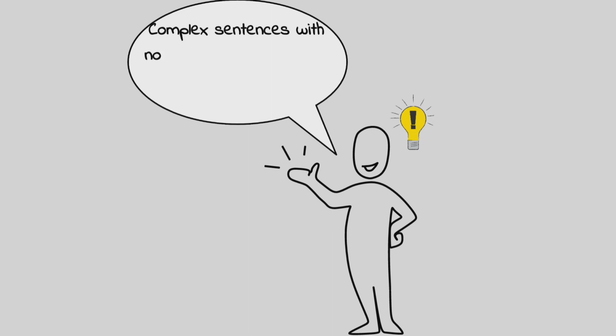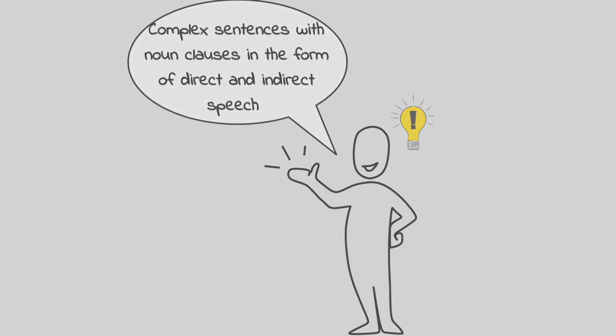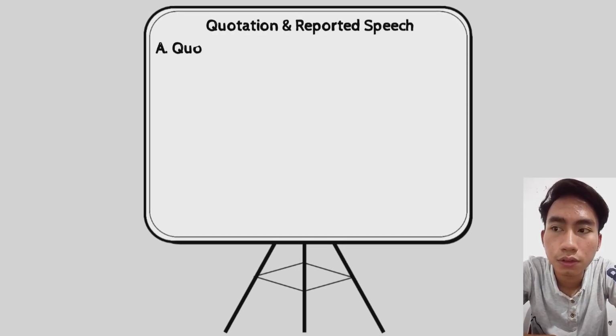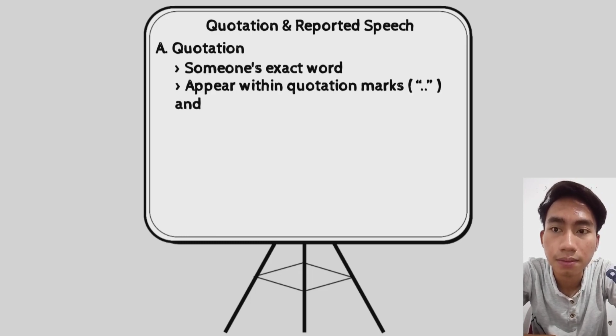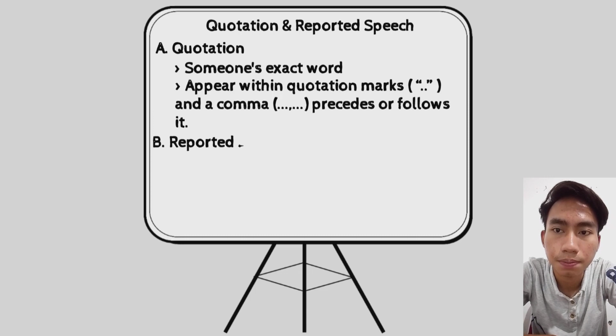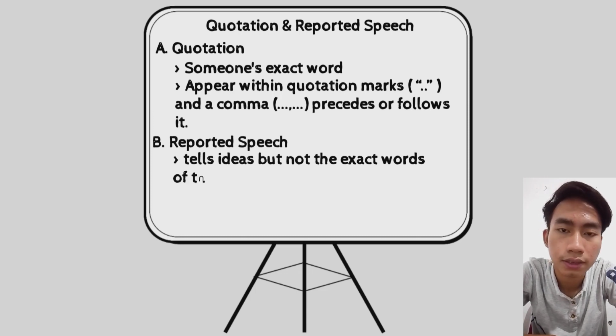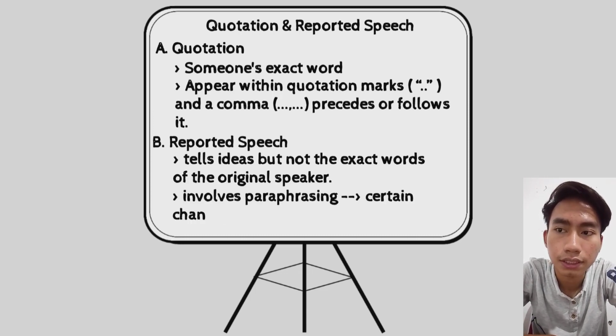Complex sentences with noun clauses in the form of direct and indirect speech. Quotations are the exact words that a person has used to state something. A quotation appears within quotation marks, and a comma normally precedes or follows it.